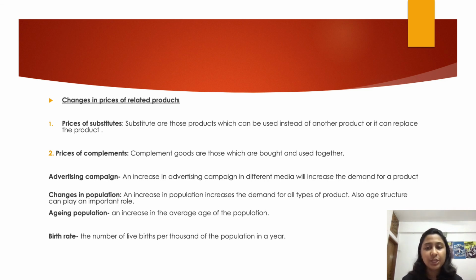If the aging population rises, then demand for medicine and wheelchairs will increase, because old people need medicines and wheelchairs more. On the other hand, if the birth rate of the country increases, people will tend to buy more baby related stuff like diapers and toys. So age is also a very big factor.